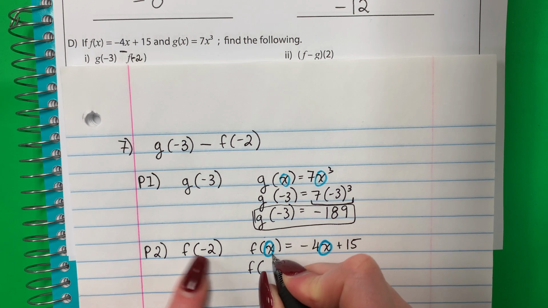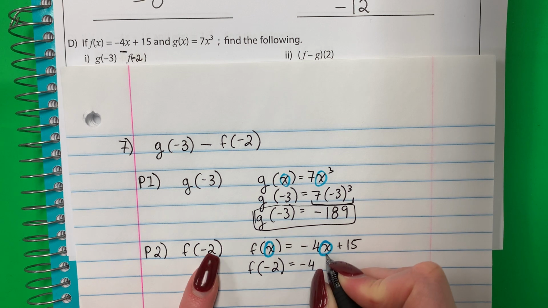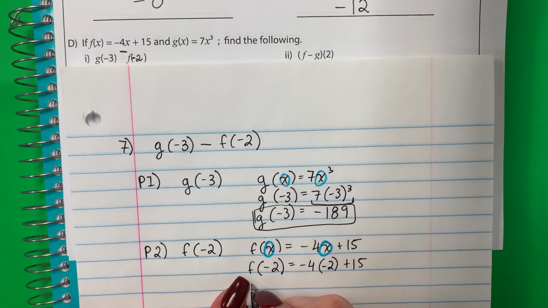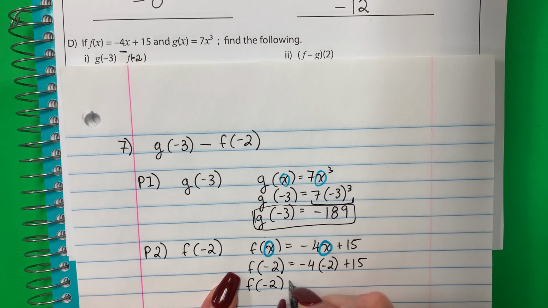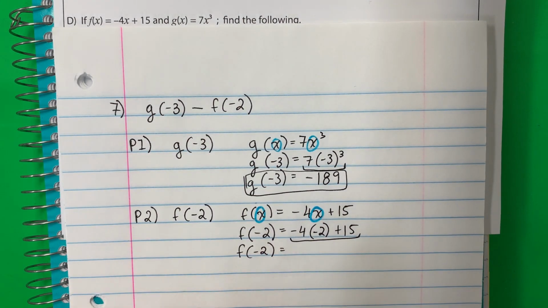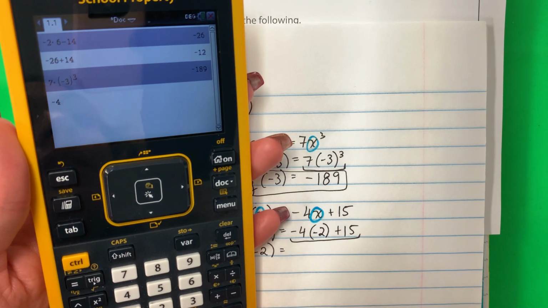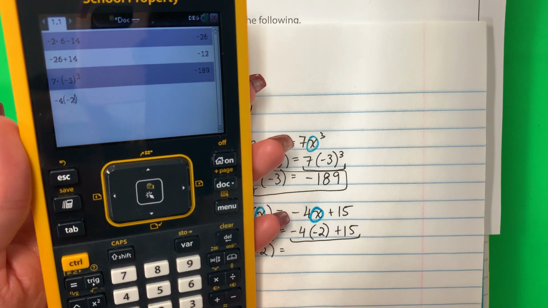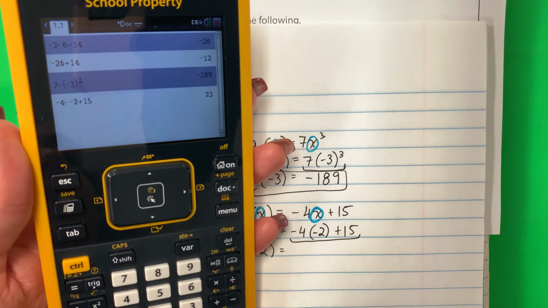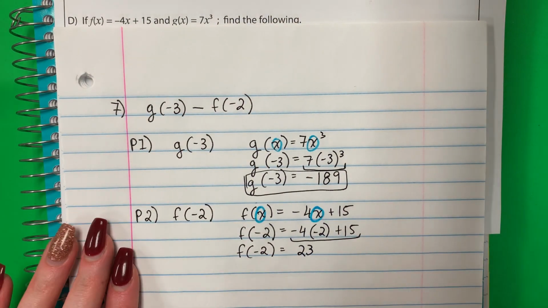F, parenthesis, negative 2, parenthesis, equals negative 4, parenthesis, negative 2, parenthesis, plus 15. Copy f of negative 2 equals, let's put that in the calculator. Vamos a poner en calculadora. Negative 4, parenthesis, negative 2, parenthesis, plus 15, 23. That's my f of negative 2.